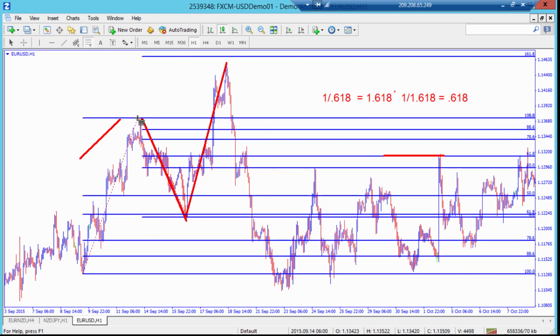So now let's take a look. Market went from low to high, high to low. It retraced down 0.618.